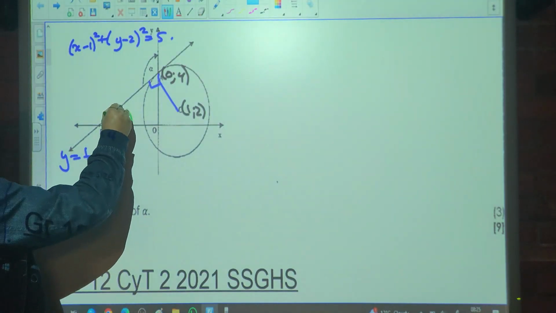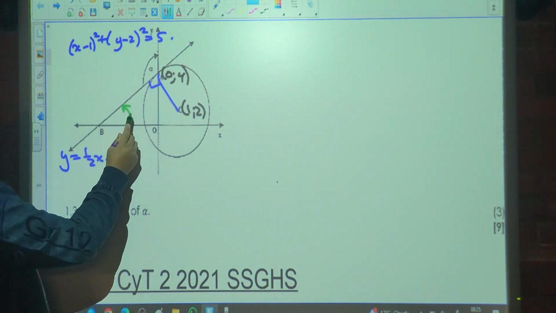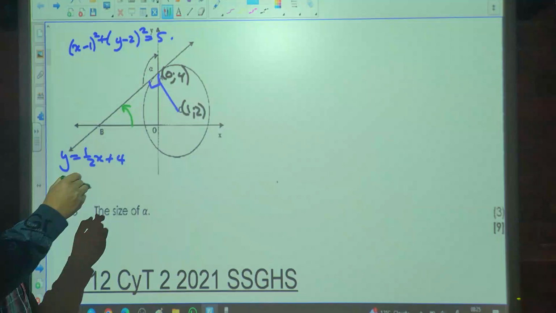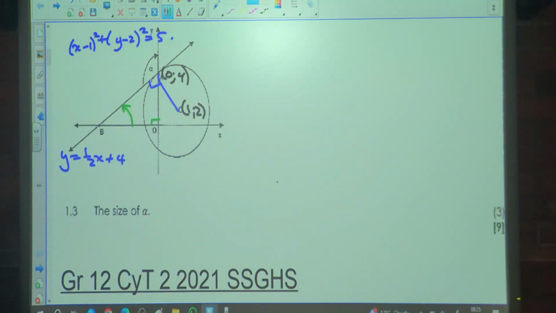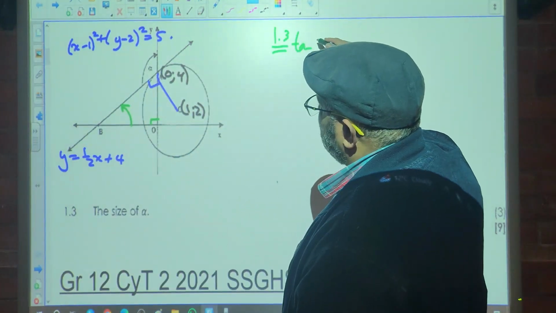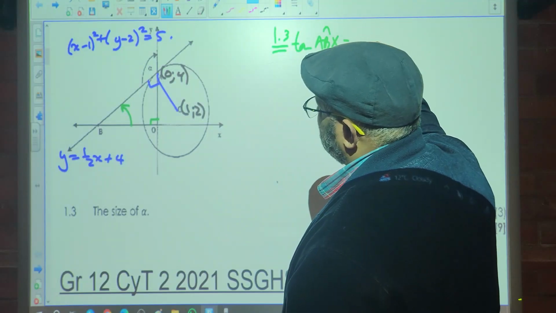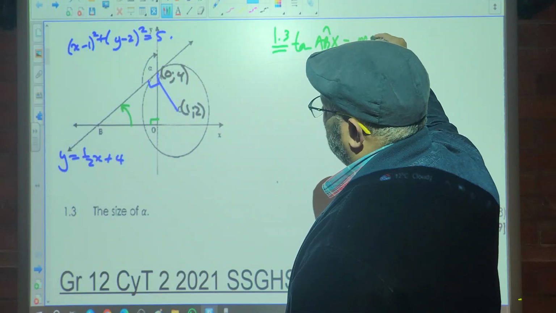It can be calculated as that angle there. And then we know that the exterior angle is equal to the sum of the two interior opposites. But what we note is that that is also 90 degrees. Not so? So we're going to first say that tan of ABX is equal to the gradient of AB.